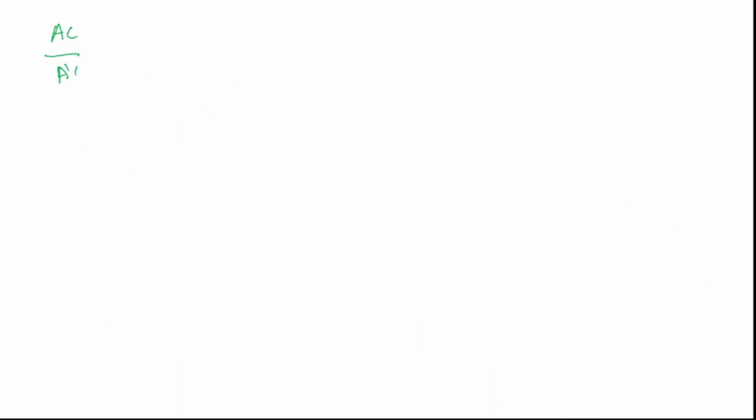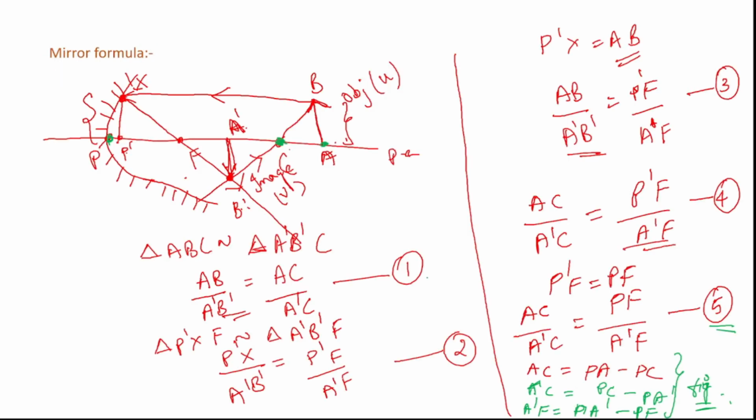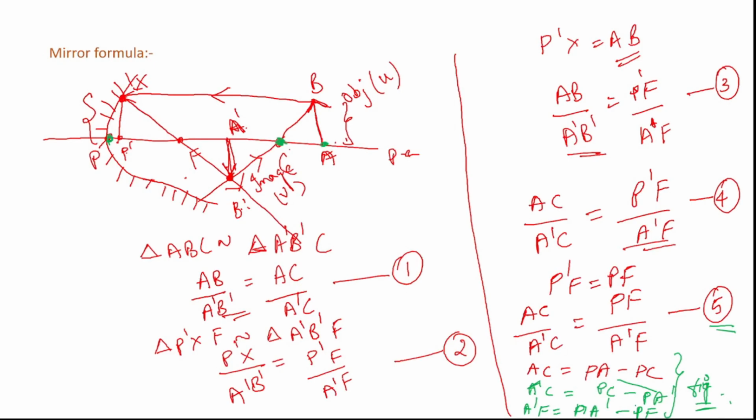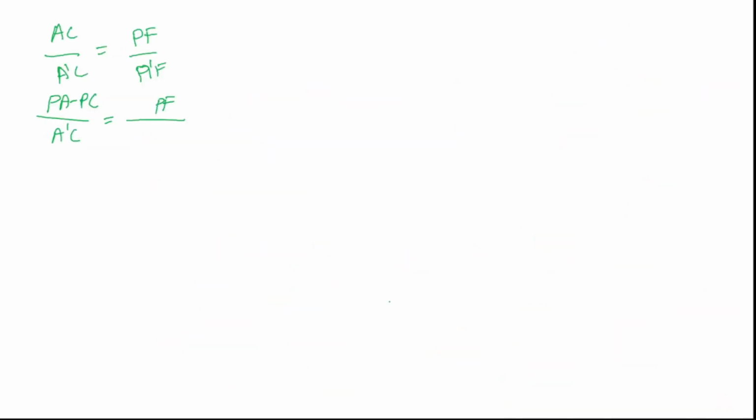AC by A'C equal to PF by A'F, right? So let us replace AC. What we have written, AC equal to PA minus PC, right? So PA minus PC by A'C equal to PF by, what we have written, A'F. A'F is PA' minus PF, right? So let us write that, PA' minus PF. So let this be the sixth equation.